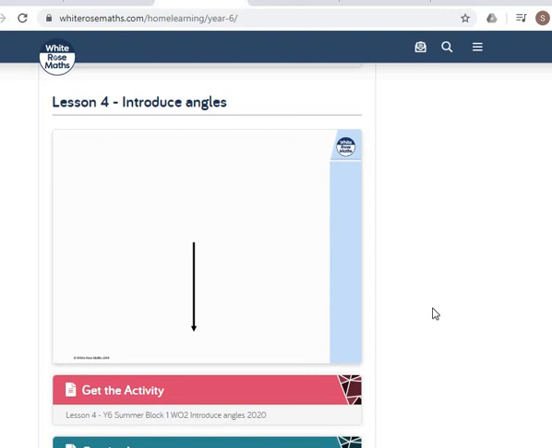How many degrees does the arrow turn? Here we go. Okay. Pause the video, have a go. If you want to rewind the video and watch it again, that's absolutely fine.